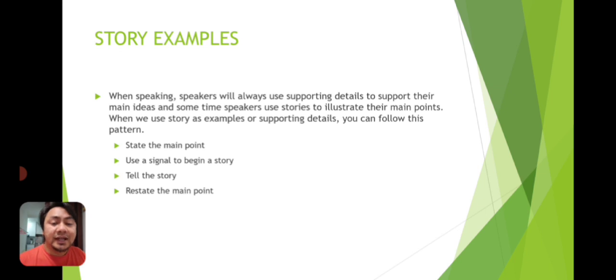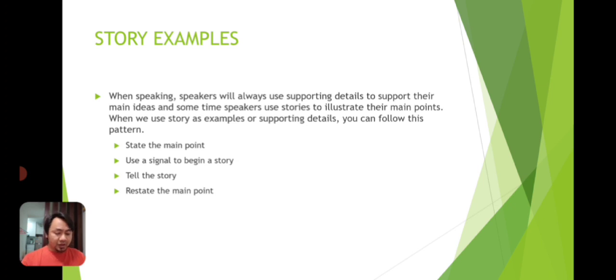For example, let's say that your main point is that going to school by motorcycle is a dangerous way. You would like to tell people that going to school by motorcycle is dangerous. So let's use the story example and the pattern we already stated.